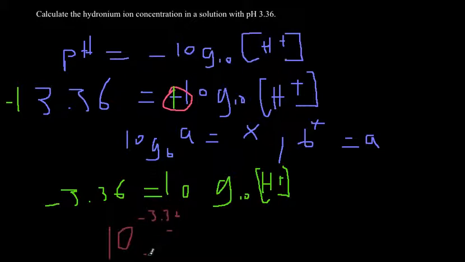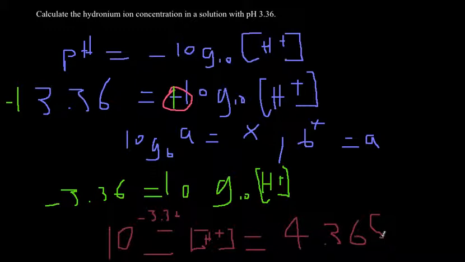3.36 equals the H plus concentration, and if you solve this equation, you get 4.365 times 10 raised to the negative 4.